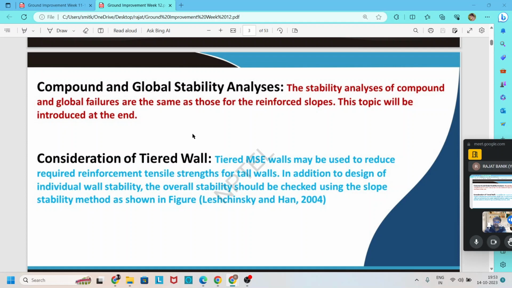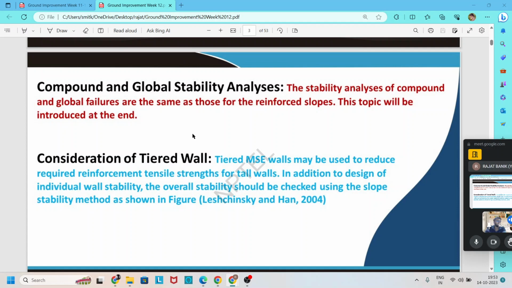Then we discussed the consideration of the tiered wall. In a tiered wall, a mechanically stabilized wall may be used to reduce the required reinforcement tensile strength for a tall wall. So we divide the tall wall into a number of steps with a stair-like structure, and we can reduce the tensile strength of the soil wall.